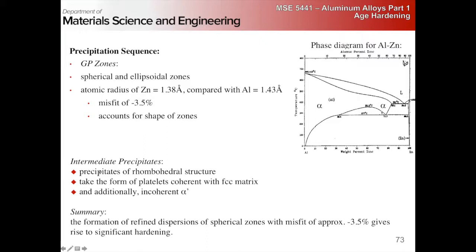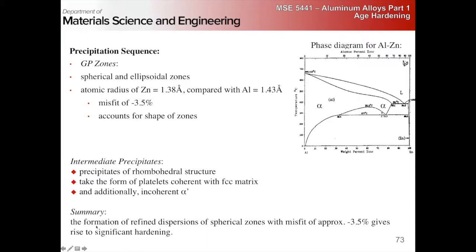So aluminum zinc has some intermediate precipitates with a rhombohedral structure. There's a whole suite of these. And we also have the incoherent alpha prime, but we don't use this. These are not really commercially very important.